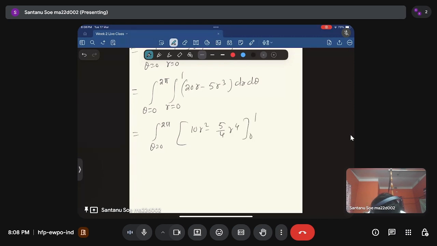So this is 2 pi multiplied by (10 minus 5 by 4), which is 2 pi multiplied by 35 by 4, and this is 35 pi by 2. So yeah, this should be the answer of this question.